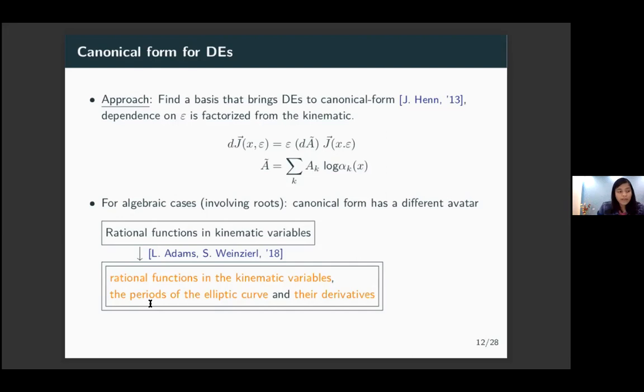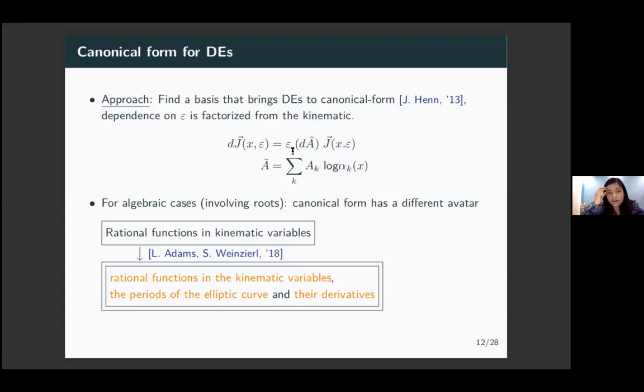So in the case of MPLs, you can always make a rational transformation from your initial IBP basis to any basis you desire, so that they come in this canonical form, where the epsilon, this dimensional regulator, factorizes completely from the differential equation, this A. Once this happens, you know that these A's are just d-logs, so you can write them down in terms of polylogarithms once you have this structure.